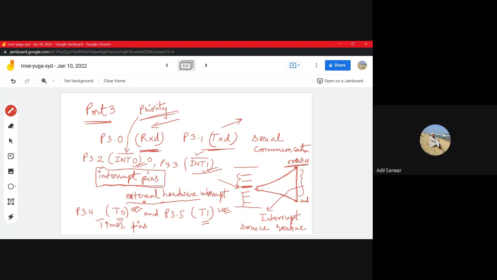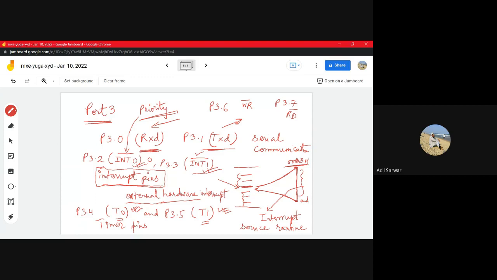Finally, we have two more pins: P3.6, which is the WR bar pin, and P3.7, where we have the RD bar pin. Here comes the role of control signals for external RAM.